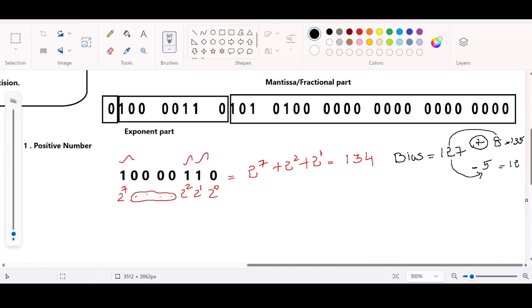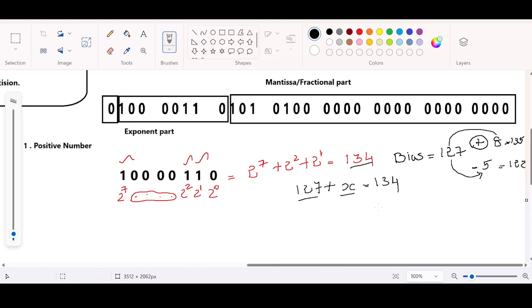Now we are going to do the opposite. You got 134. This 134 is nothing but the combination of bias plus the exponent value.